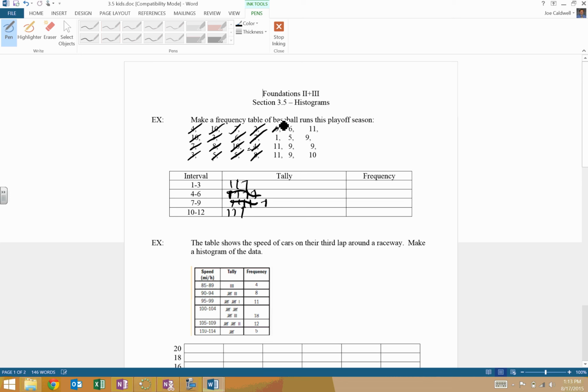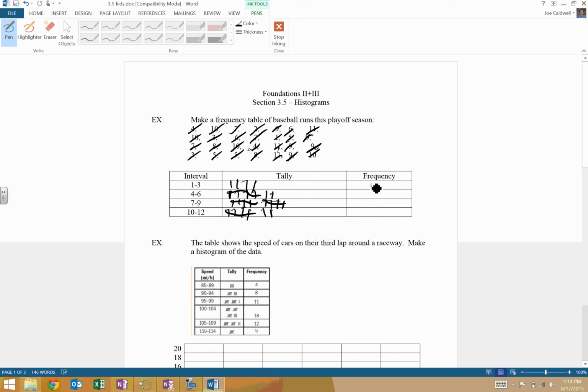And this is tallying, just a way to count, to keep track of all these numbers. 11, looks like there's two 11s, so I'm going to go here, make a 5 across, to 6 there for 5, 9, two 9s there, 11, another two 9s, and whoops, crossed out a 10, but we'll put that 10 down there.